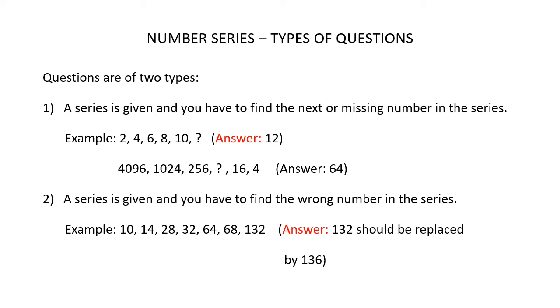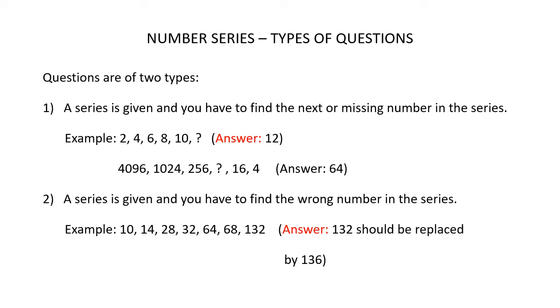Let's look at another example. 4096, 1024, 256, question mark, 16, 4. Here the missing number is in between the numbers of the series. Here the answer is 64 because 4096 divided by 4 is 1024. 1024 divided by 4 is 256. 256 divided by 4 is 64. 64 divided by 4 is 16 and 16 divided by 4 is 4.